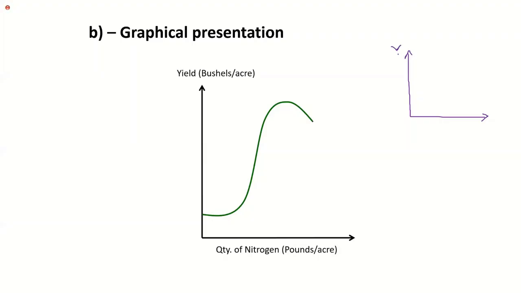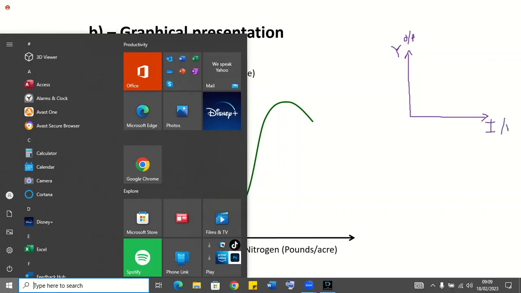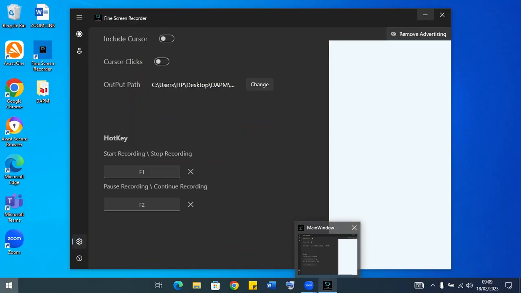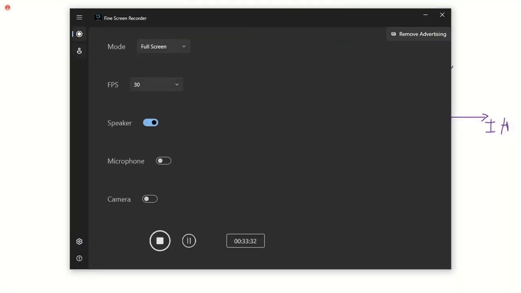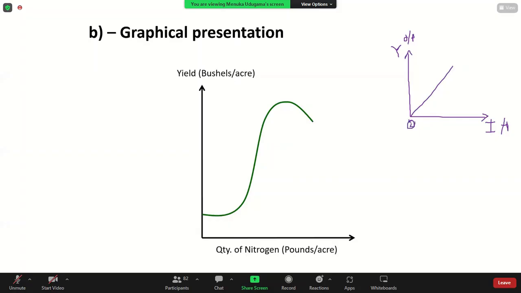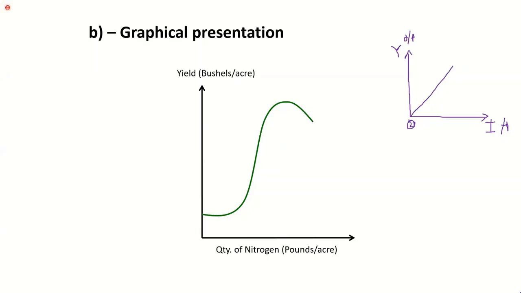If you have output on this side, and if you have raw material on this side, then when you have zero input, you have zero output. In a factory production, if there is no input, there is no output. If we take textile, if there is no raw material, there is no cloth, there is no output. So that's a very technical relationship. When you have no inputs, there are no outputs produced, right?